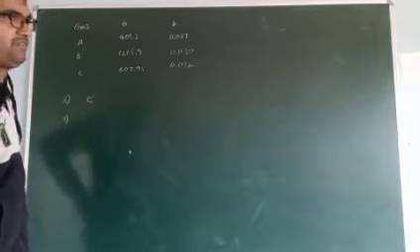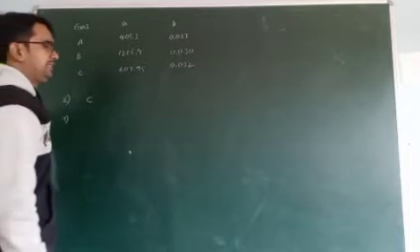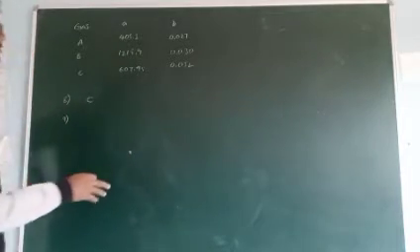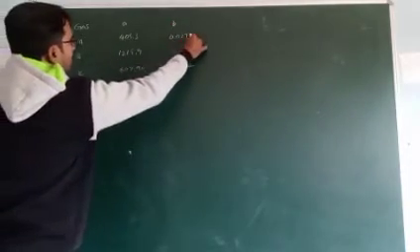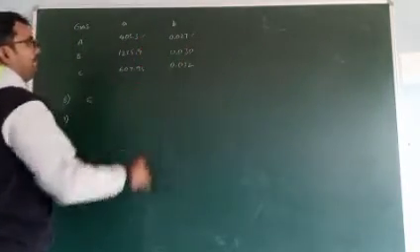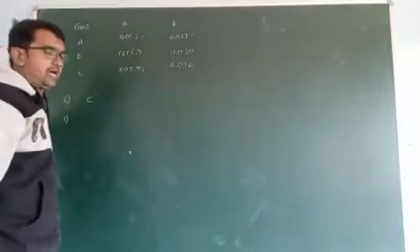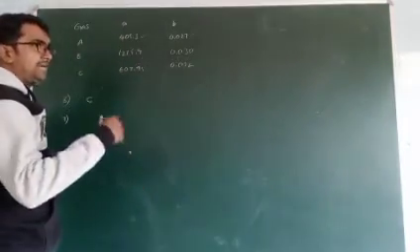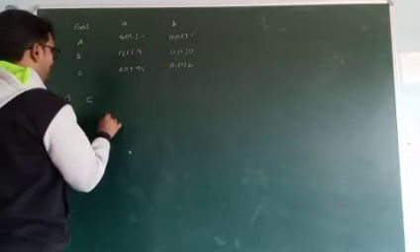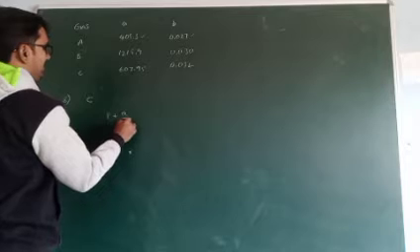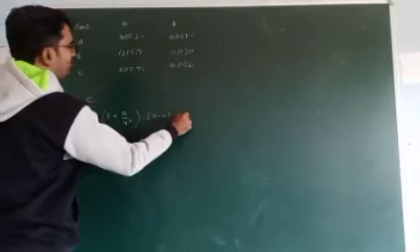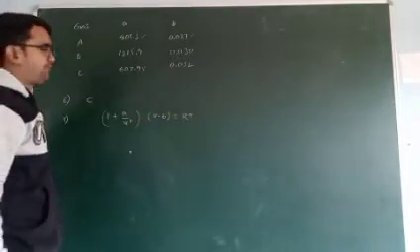Most ideal behavior means less molecular volume and less A, that is, intermolecular forces, so that high pressure is not needed. The equation is P plus A by V square into V minus B is equal to RT, for 1 mole of a gas.